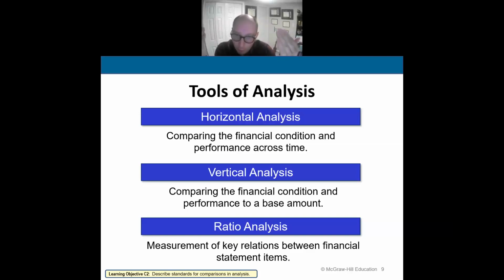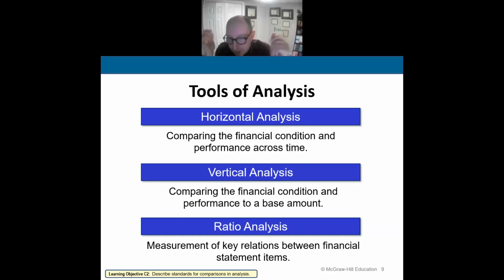And so one way to compare two different companies that look visually different on the financial statements is to perform what we call a vertical analysis. And what this does is it applies a percentage using a base amount for the financial statements for comparison reasons. And so I'll show you what that looks like here in the coming slides. But that's a fun tool to use.